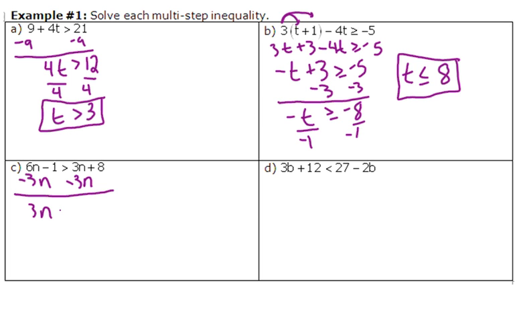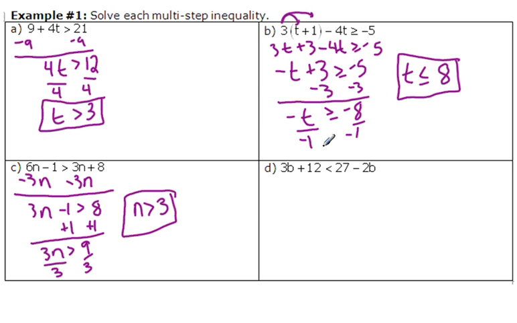So I have 3n minus 1 is greater than 8. So now I'm going to get rid of the minus 1 by adding 1 to both sides. 8 plus 1 is 9, so I have 3n is greater than 9. Then I divide by 3 on both sides. 9 divided by 3 is 3. So I'm left with n is greater than 3.